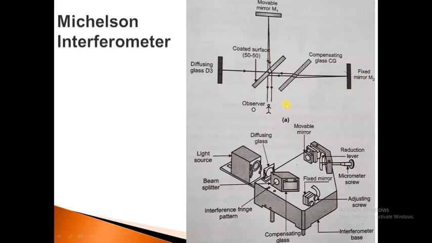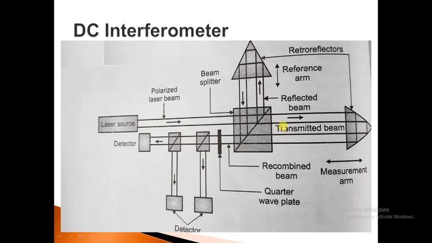Okay, so next, that is the single frequency DC interferometer system. This is a much improved system over the Michelson simple interferometer. It uses a single frequency circularly polarized laser beam.